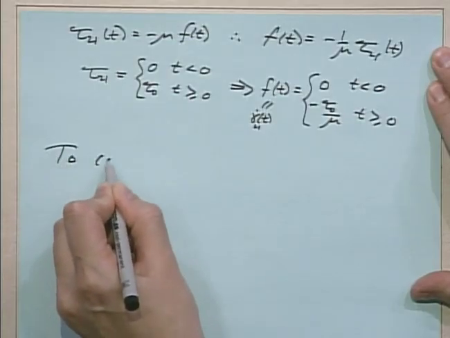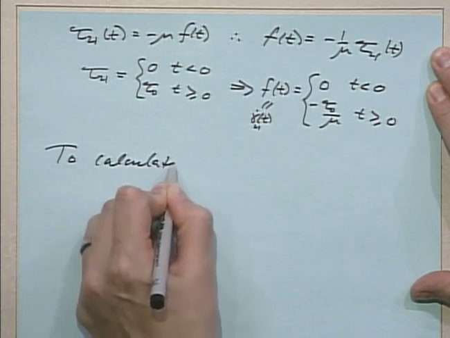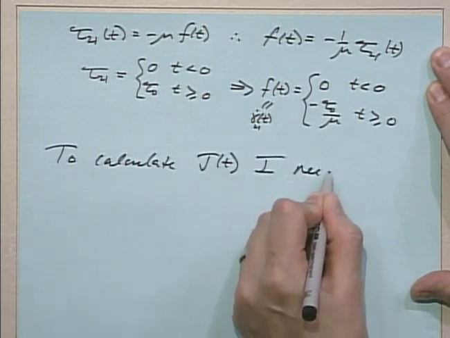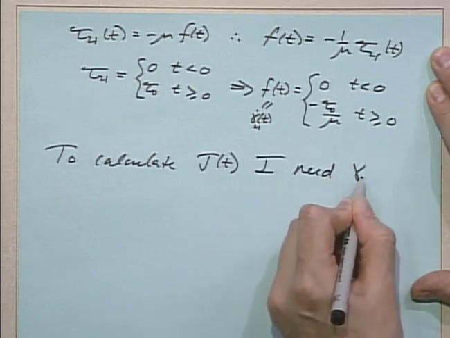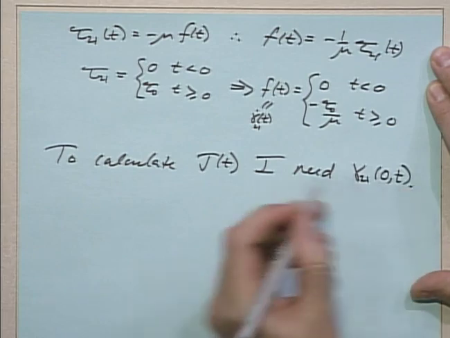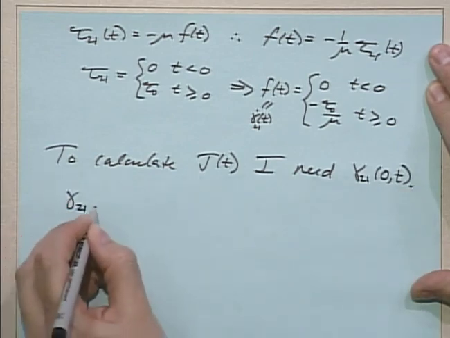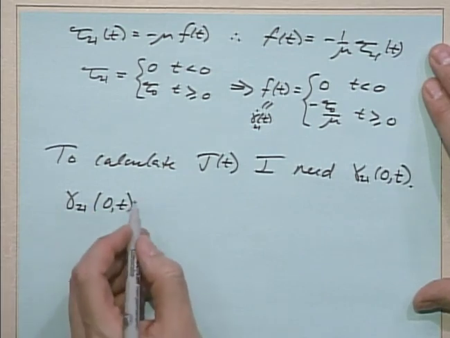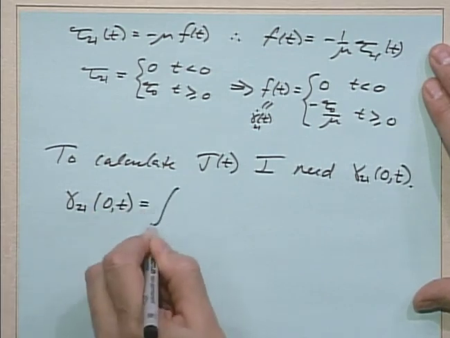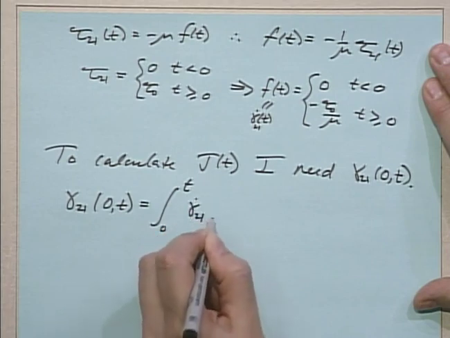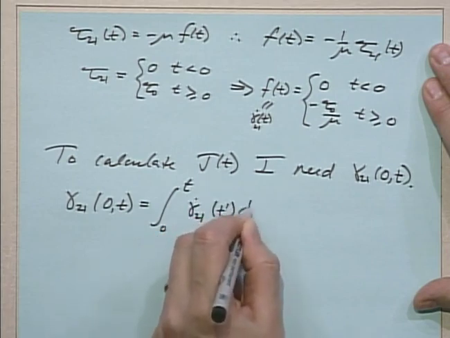To calculate J of t, I need strain 2,1 between 0 and t. Strain 2,1 between 0 and t, by definition, is the integral from 0 to t of the strain rate over a dummy variable of integration.